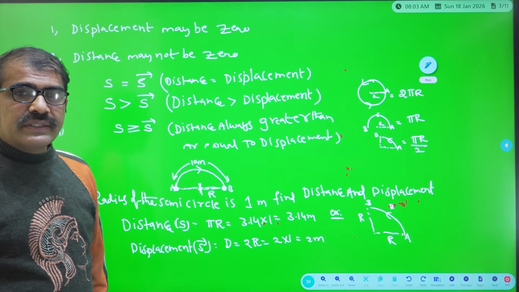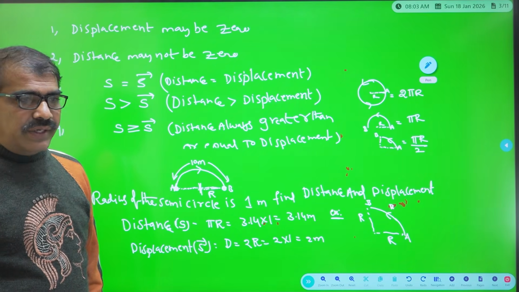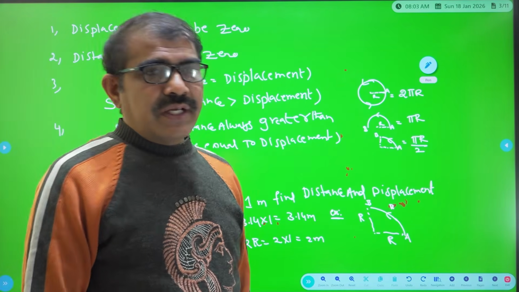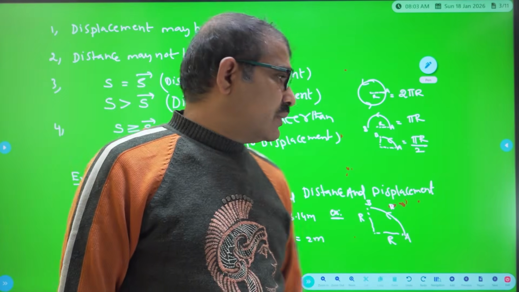Radius is r. Find the distance and displacement, and the ratio of distance and displacement.